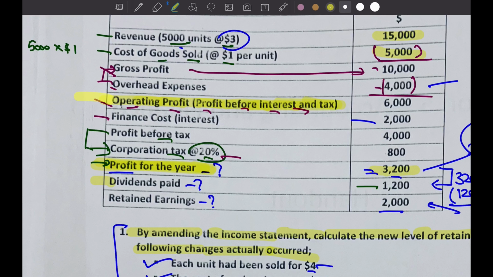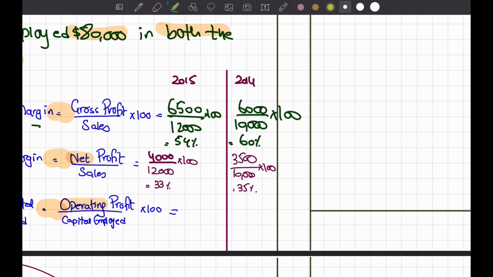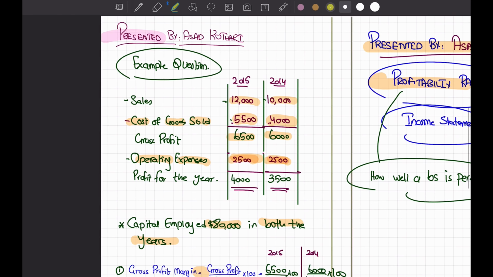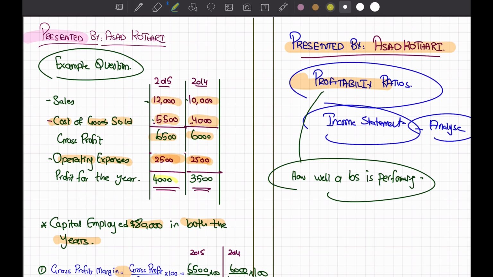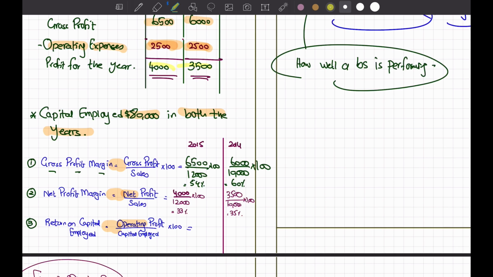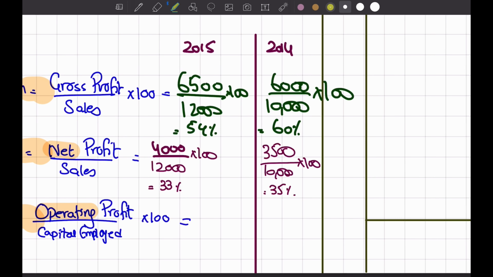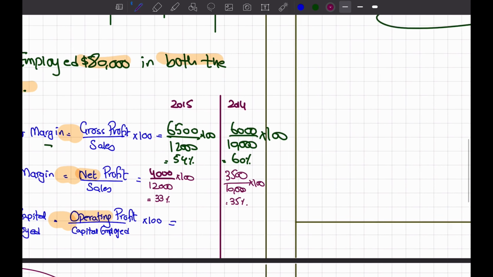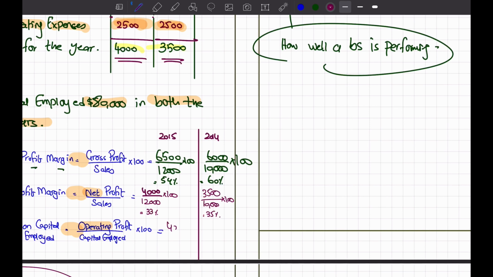So generally operating profit and profit for the year are two different things, but for the purpose of this video, since we are just given one profit for the year, that is 4,000 and 3,500, I'm going to use it as it is. I'm just going to assume that profit for the year and operating profit are the same because the data has not been given, but still I can calculate it. I'll assume profit for the year to be operating profit, and I have operating profit $4,000, capital employed $80,000, multiplied by 100.